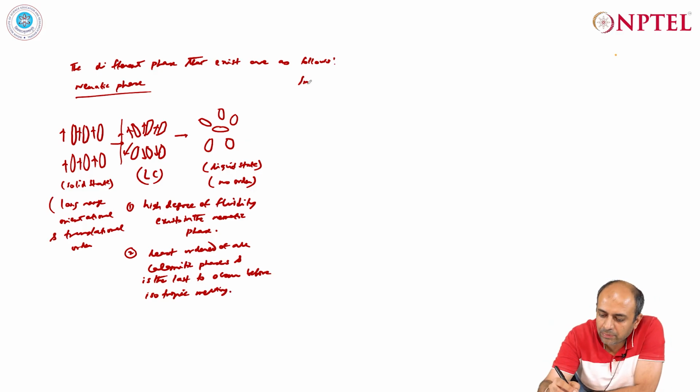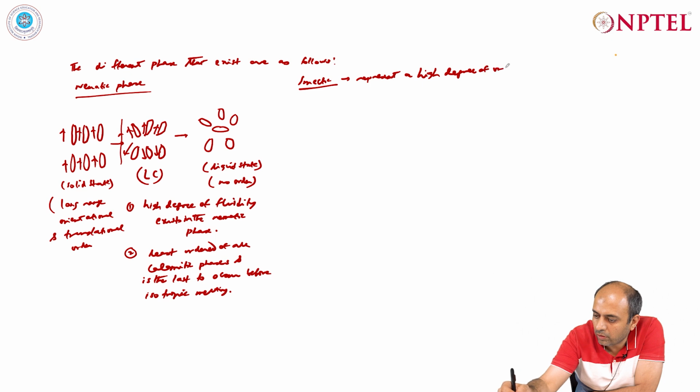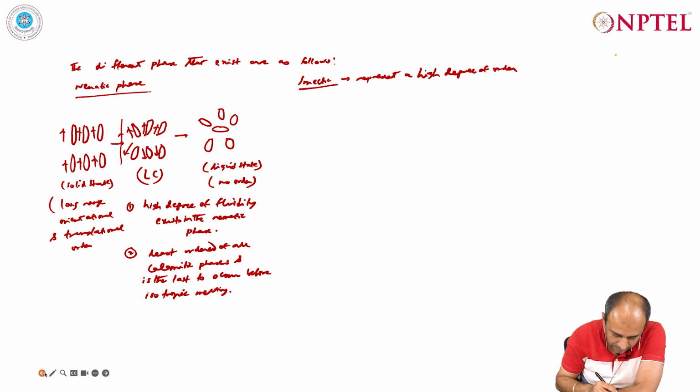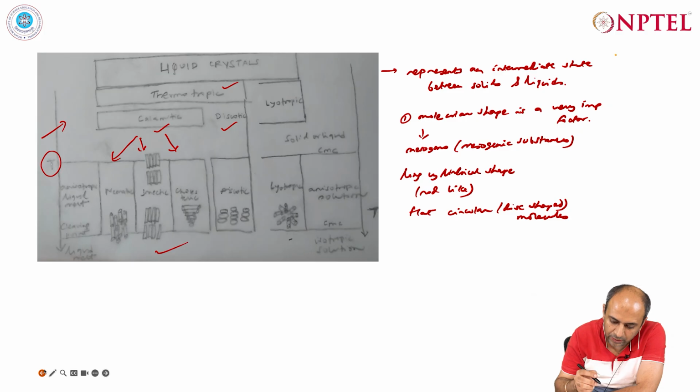Then comparing to the smectic phases, these represent a high degree of order. So, let us go back and see. Here you can see these were the nematic phases, where you can see the cylindrical arrangement of the molecules along a particular direction.